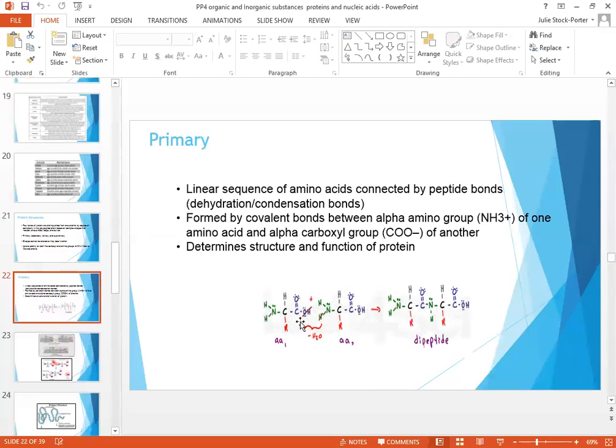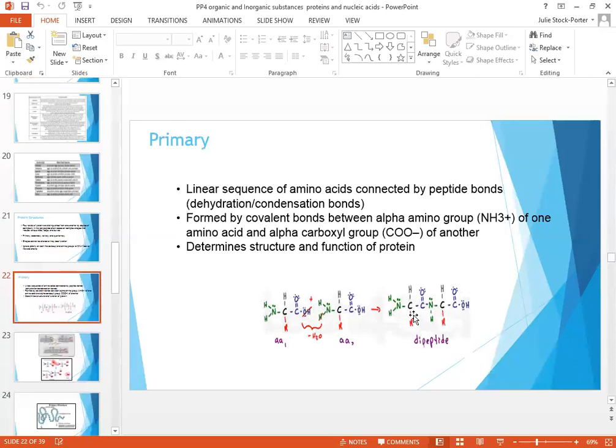The carboxyl group of this one and the amine group of this one are going to form a peptide bond by removing water. If this hydrogen comes off, this hydroxyl group comes off, we leave an opening here on this carbon, a valence electron, and we have a valence electron here on this nitrogen, and they're going to come together, and we've lost water, dehydration.